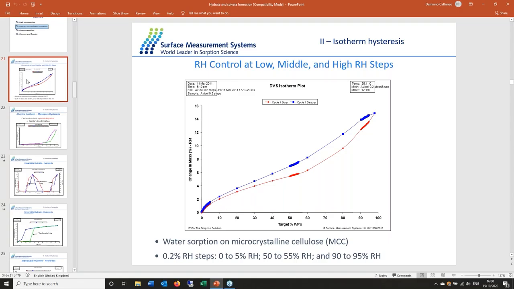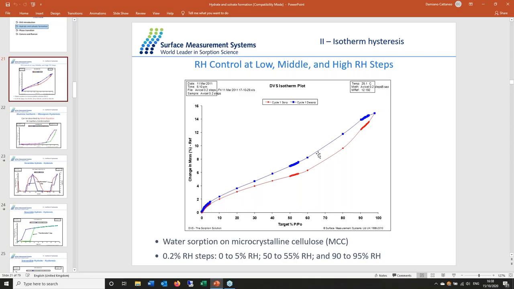So let's say, what is the water content of cellulose at 50% relative humidity? You can see over here that I technically have two types of mass reading. I could tell you it is this mass if I'm starting from a sample that is at 40% relative humidity or dry, and I move up in relative humidity.